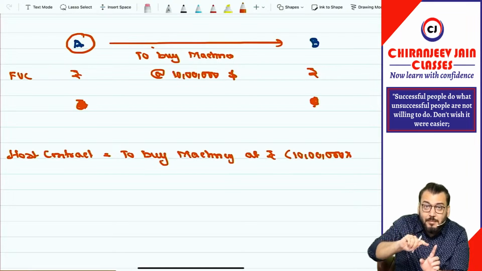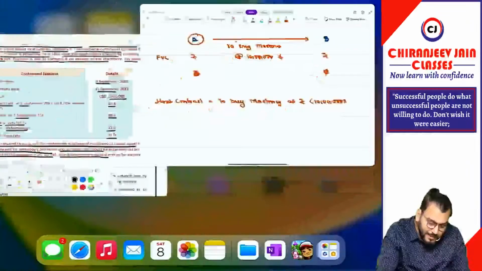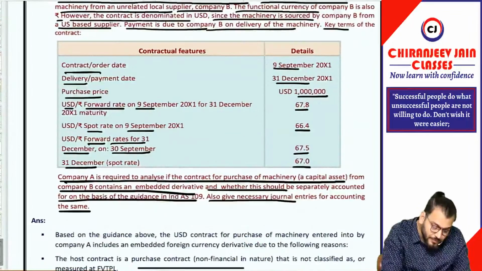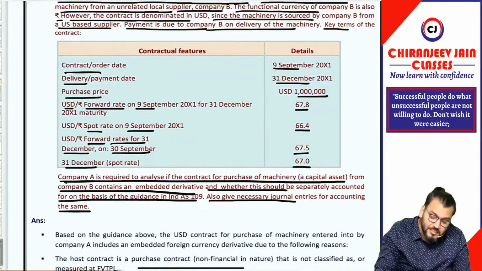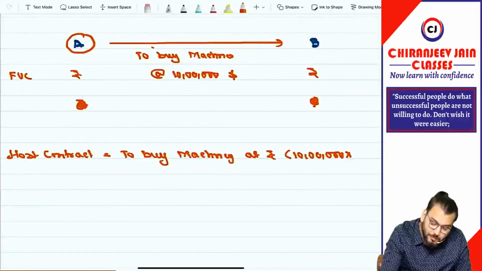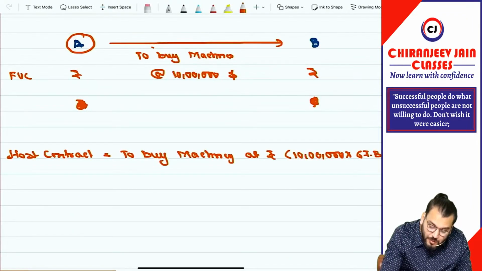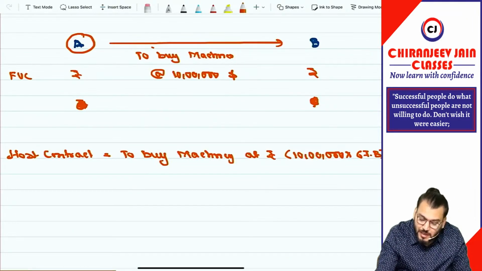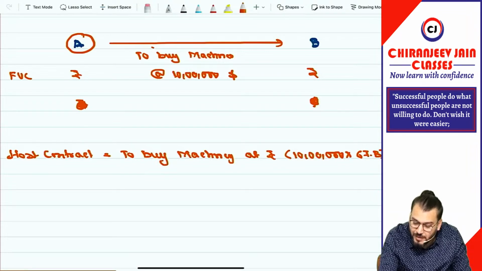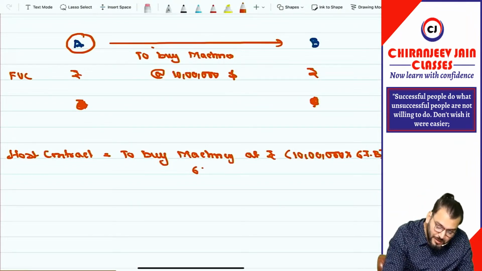It means we need to estimate the forward rate, and they have given the forward rate on 9 September as 67.8. So 10 lakh into 67.8 becomes 678 lakhs. Have you understood this point?